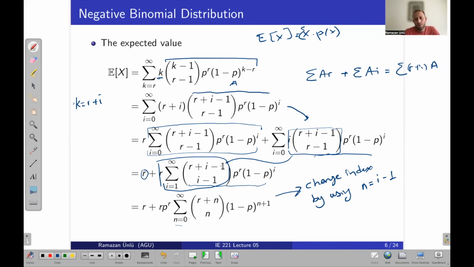So instead of i minus 1, I just put n. I change this i, this i, and this i, and this is the constant. I send it to the outside of the summation, and I end up with r plus r times p to r summation, the sum of r plus n, choose n times 1 minus p to n plus 1. This n plus 1 is coming from this i, because i is equal to n plus 1. And instead of i minus 1, we just put n.